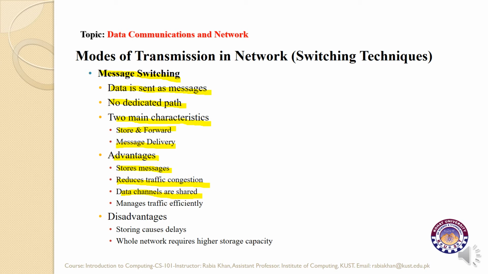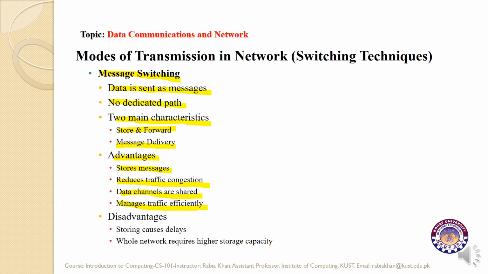It manages traffic efficiently. That means there is no need to create the path, and no interference between any party, which is ensured by the dedicated path. In a dedicated path no other device can use that path, but here all the nodes are shared, and all the nodes can be used as intermediate nodes by different sender and receiver pairs.